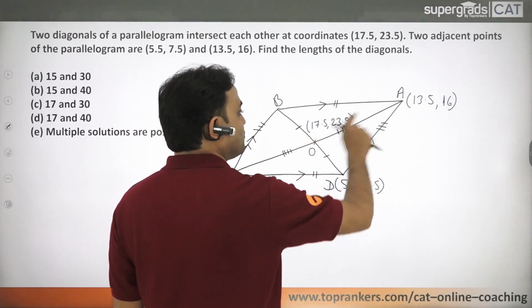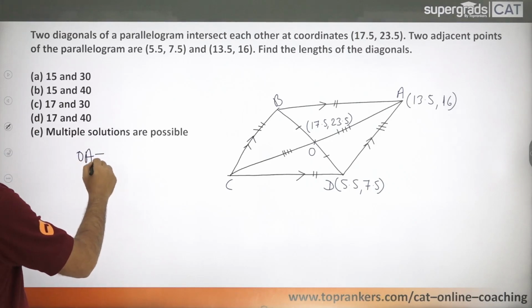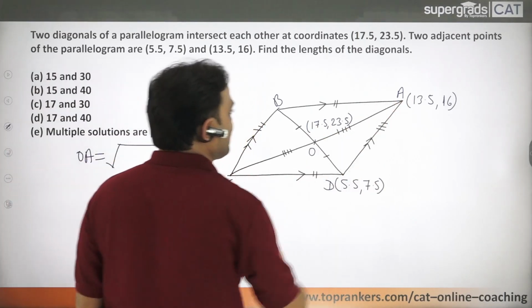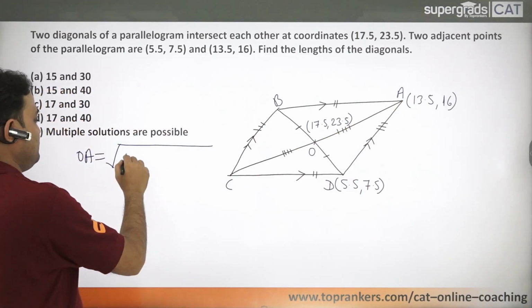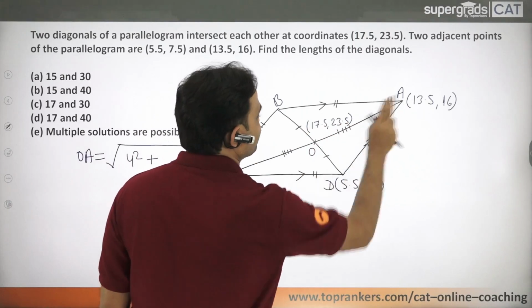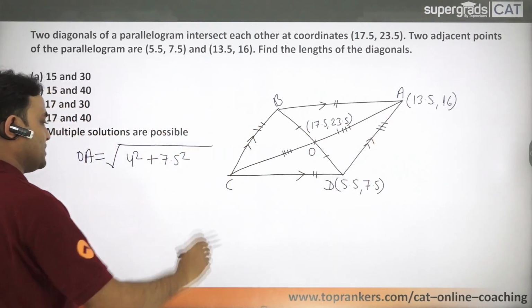OA can be found out. Can we say OA will be equal to, using distance formula, 17.5 minus 13.5, 4 square, plus 23.5 minus 16, which is 7.5 whole square.